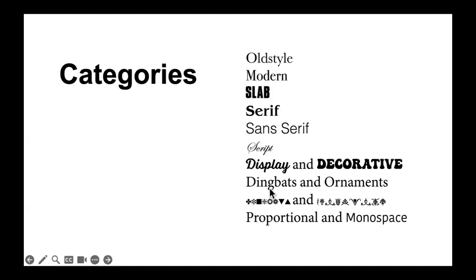Okay, moving on. Dingbats and ornaments are these kinds of things. I went ahead and put an example here because dingbat doesn't mean anything probably to most of you. Dingbats are the little funny asterisks and the different shapes.